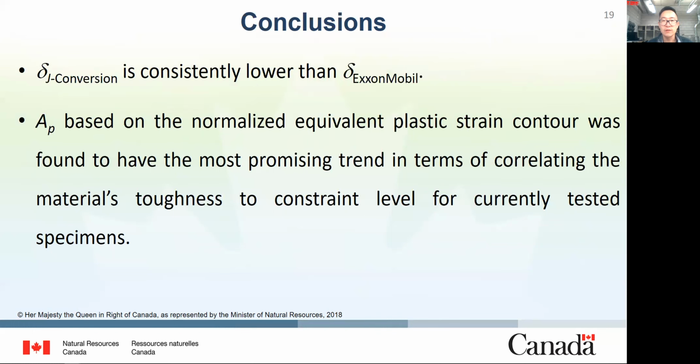The CTOD obtained from the J conversion method is consistently lower than the CTOD tested from the double clip gauge X mobile method, which is consistent with previous CTOD studies. The AP parameter based on the normalized equivalent plastic strain contour was found to have the most promising trend in terms of correlating the material's toughness to constraint level for the currently tested specimens.